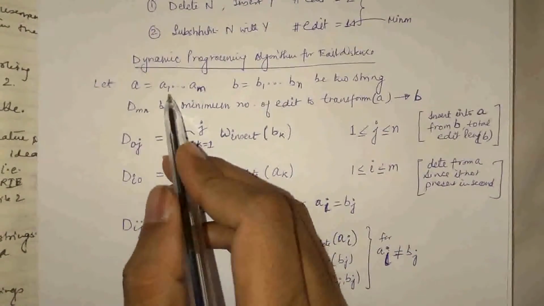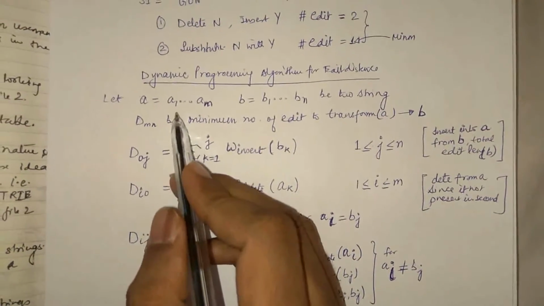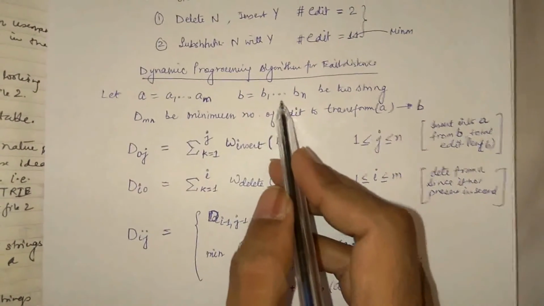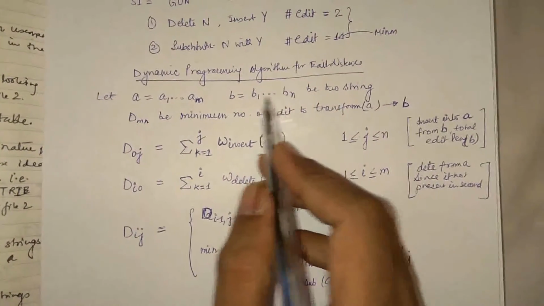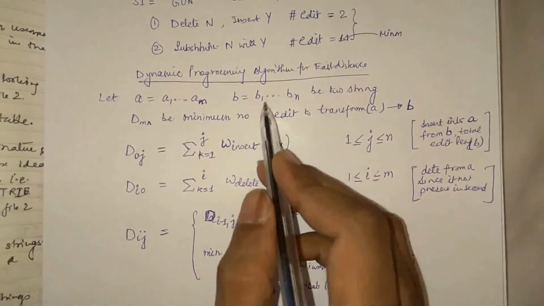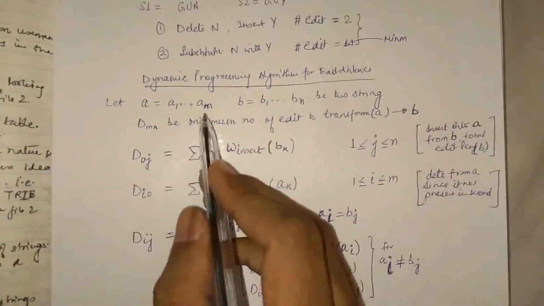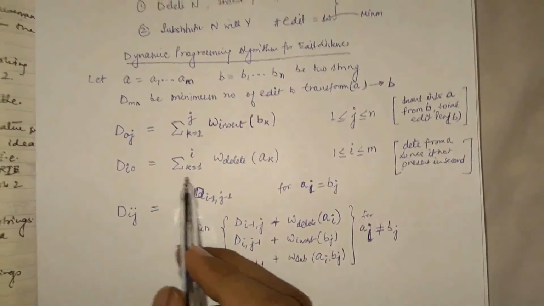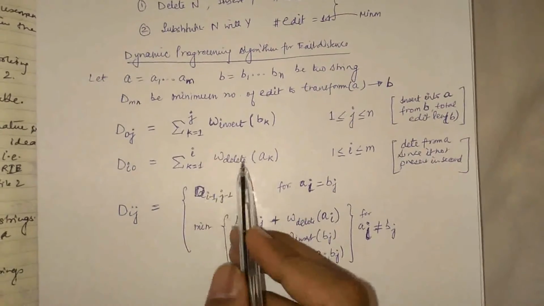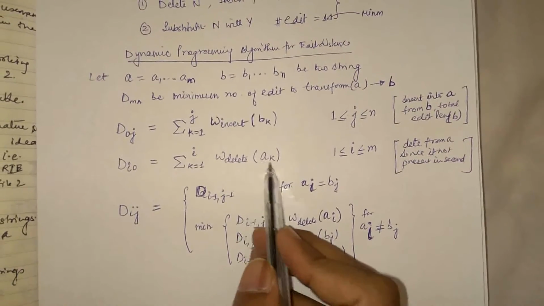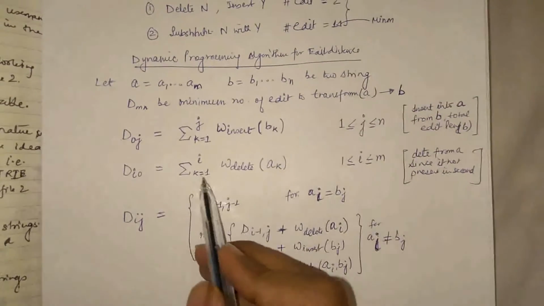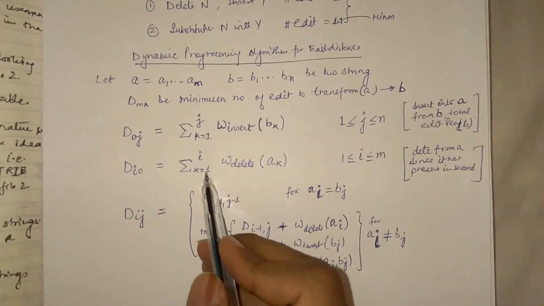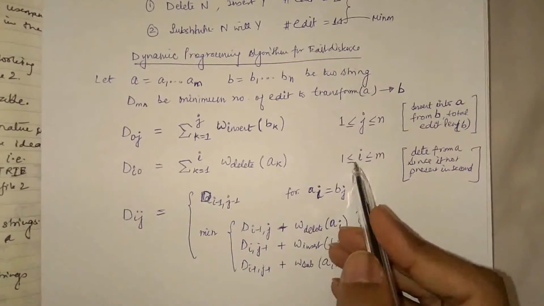So we will only perform operations here. So we will delete instead of inserting here, which is our constraint. We can't insert or delete or substitute in the second. So for that, the value will be the total number of deletions taking place in the first string, that is AK, and K varies from 1 till I. So I varies from 1 till M.